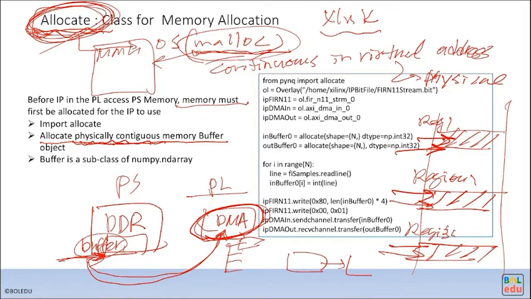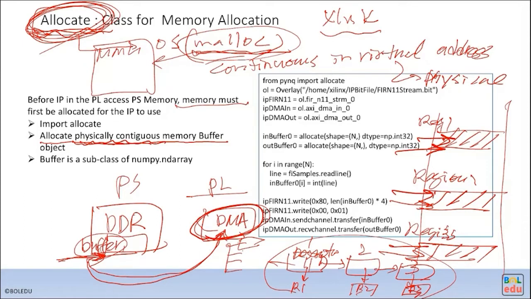Then you need to have 3 descriptors: descriptor 1, descriptor 2, and descriptor 3. Each one points to a region: this one to region 1, this one to region 2, this one to region 3. Then you need a DMA with this kind of capability in order to deal with scattered memory buffers.